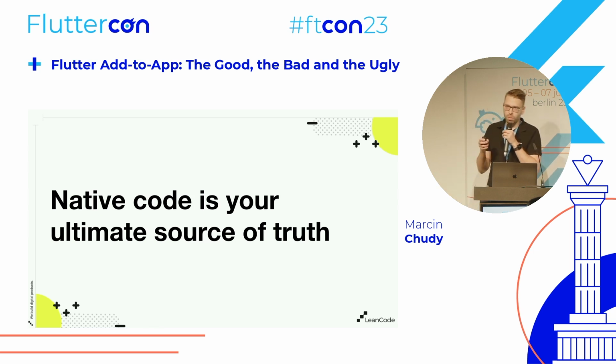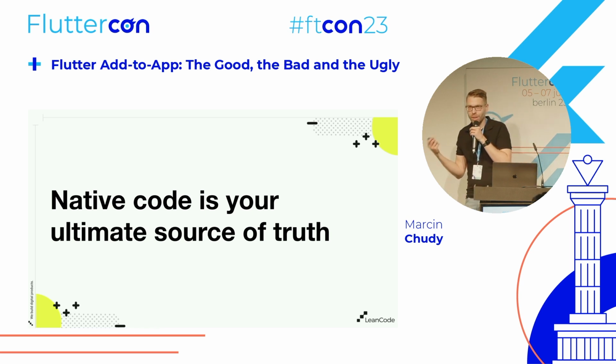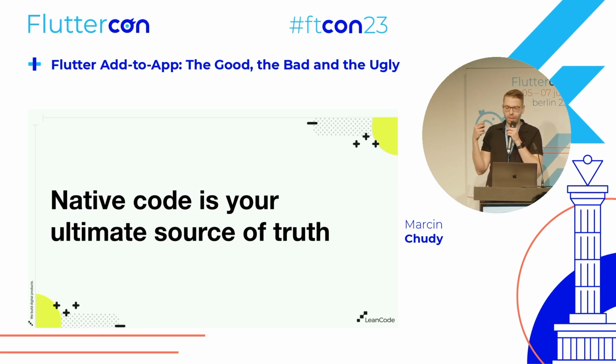So if you want to rewrite your app, you want to make sure that it works the same way when written in Flutter. You will have to read a lot of native code, and it may be code of bad quality, some legacy code in Java and Objective-C. So that's something that you have to remember.